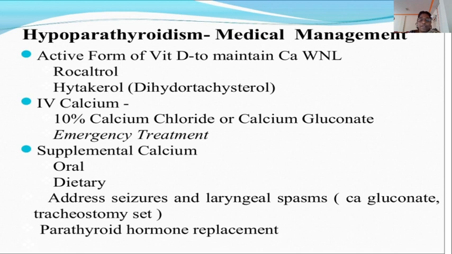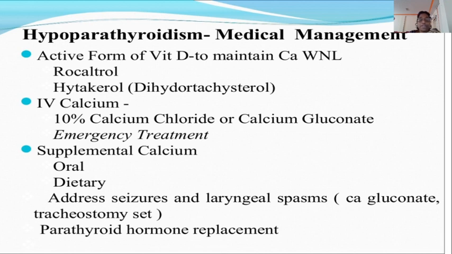This is about the medical management of hypoparathyroidism: active form of vitamin D like calcitriol, then IV calcium, 10% calcium chloride or calcium gluconate as emergency treatment, then supplemental oral dietary calcium. Dietary management is very important. If we take sufficient calcium in the diet, we can prevent parathyroid disorders.